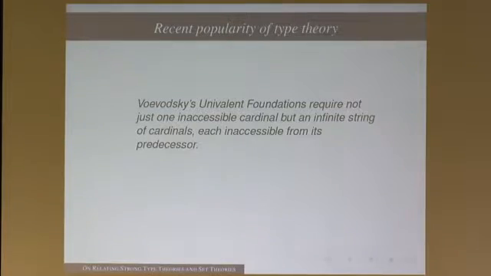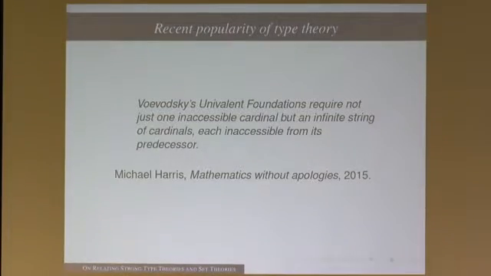This is a quote from a recent book from this year, Michael Harris, Mathematics Without Apologies, referring, of course, to an older book by Hardy. And so Michael Harris, he's quite a famous mathematician. He worked on the Langlands program, and I think in 2007 he was a recipient of the Clay Prize. So in this book you find several pages talking about univalent foundations and this kind of stuff.